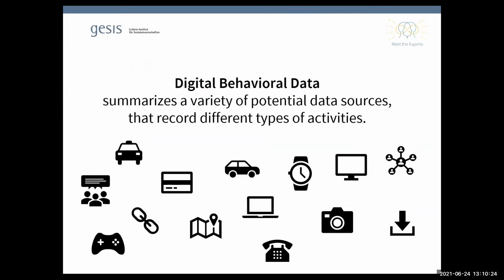Digital behavioral data is the term that summarizes a variety of potential data sources that potentially also record different types of activities, from taxi rides or car sharing or bike sharing rides to credit card data use, gaming, details from digital gaming, digital cameras, of course, phone calls, geolocation data built in different devices, and of course, lots and lots of data related to how you use online environments, online platforms on your computer, on your smartphone, on your smartwatch, maybe also.